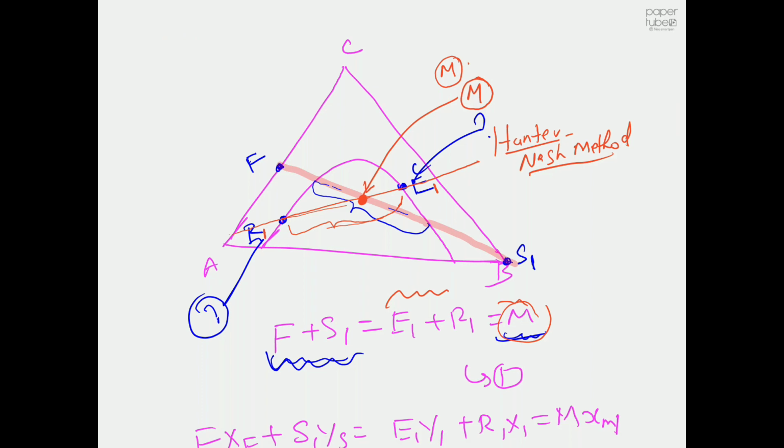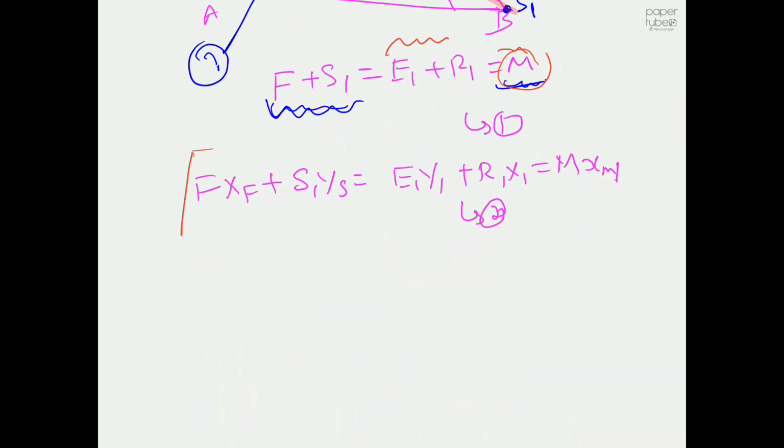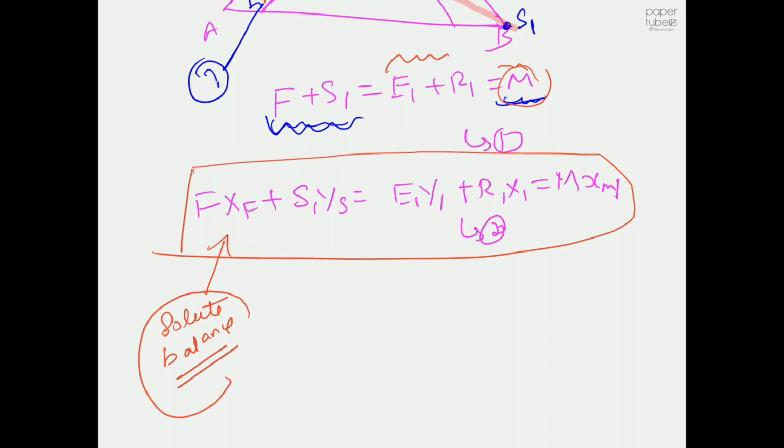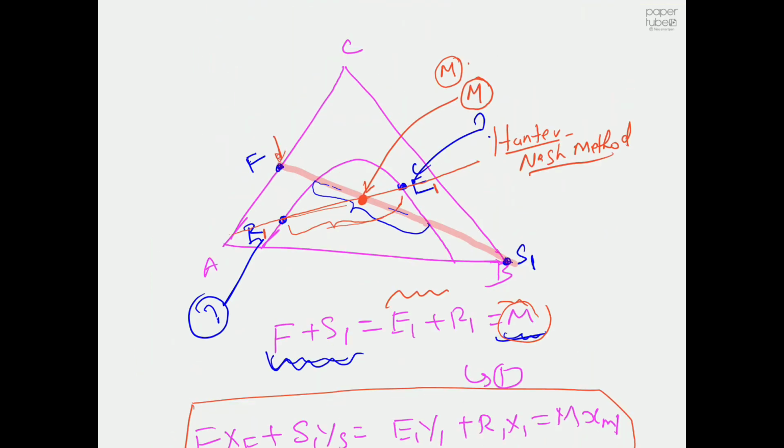So that's the line we have. So we know how to identify this mixing point. Then if we look back at equation 2, we have something called a solute balance. It's the same rule. F times xf is already here, because we know the percentage of solute. So this is our xf line.